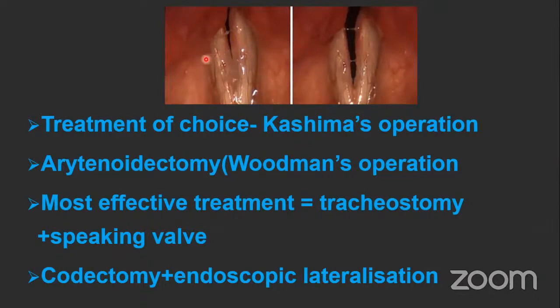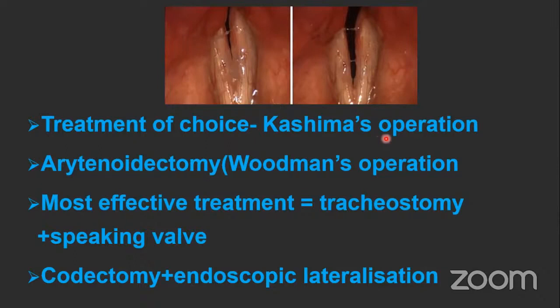Both the membranous and cartilaginous parts of the vocal cord are divided just anterior to the vocal process of the arytenoid, either using a laser or a coblator. So the treatment of choice for a bilateral vocal cord palsy is Kashima's operation. You can also use arytenoidectomy, otherwise called Woodman's operation, or cordectomy, and endoscopic lateralization procedures are there. Okay, so remember, the treatment of choice is Kashima's operation.